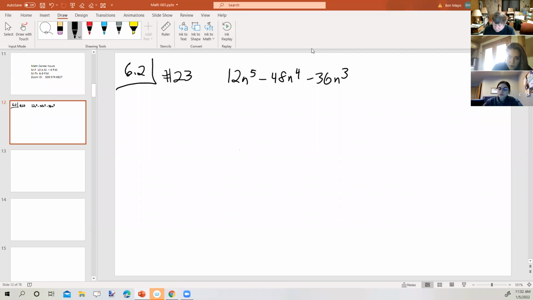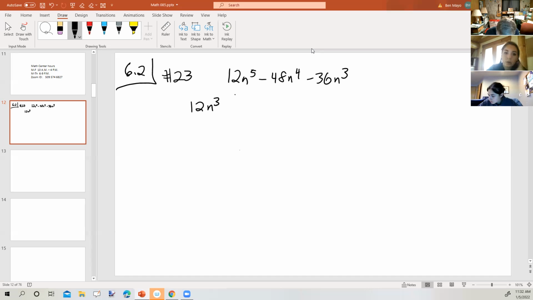Now this is a trinomial and it's in descending powers. But it has a greatest common factor of 12n cubed. You see where I got the 12n cubed, everybody? 12 goes into 12, it goes into 48, it goes into 36, and then n cubed.